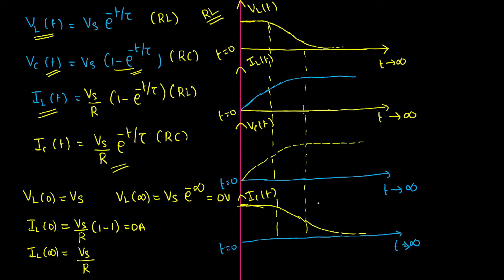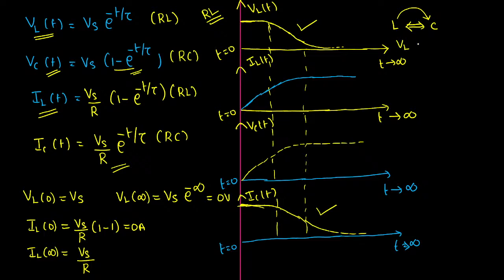The basic property of the current flow through the capacitor and the voltage drop across the inductor remains the same, because they are dual of each other. Inductor and capacitor are always dual of each other. It means in place of L, if you replace C, it will reflect the property of the capacitor.